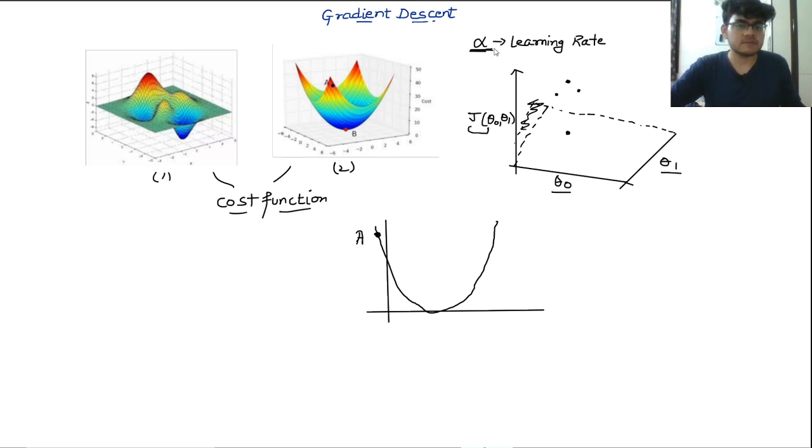Remember, we are going to multiply this alpha, which is the learning rate, because we are actually taking some learning steps. So after multiplying alpha, I will get some other point here, and I will calculate the slope of this line.